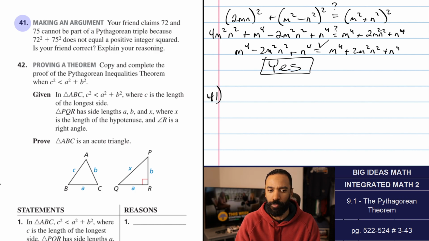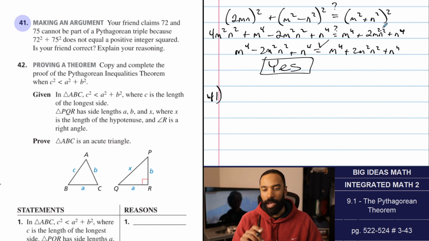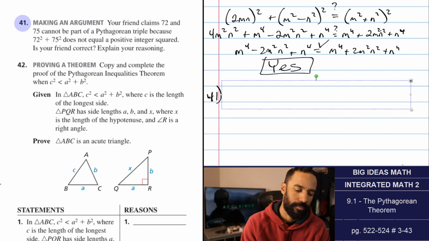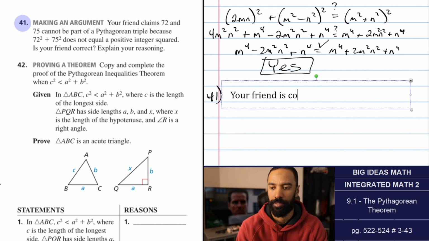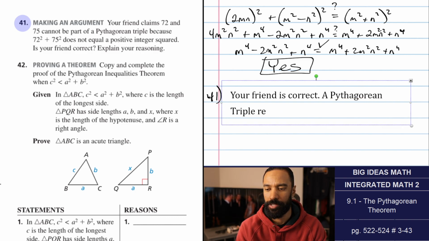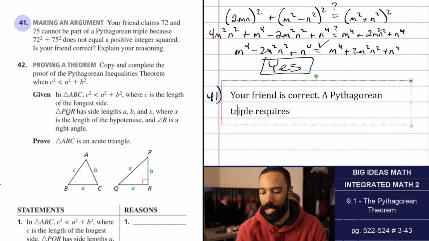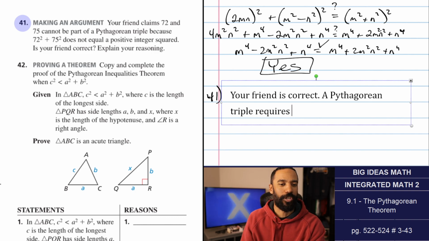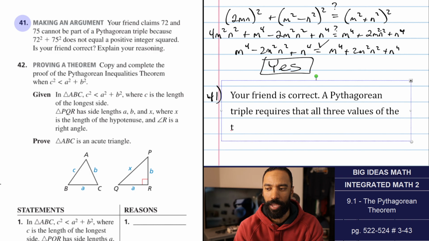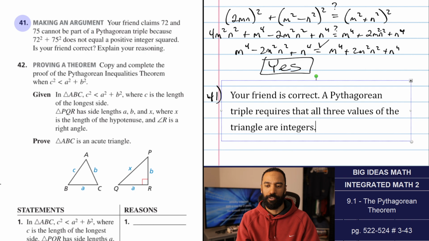Take the square root and you get 103.9. Your friend is correct. A Pythagorean triple requires that all three values of the triangle are integers. So yeah, your friend's correct.